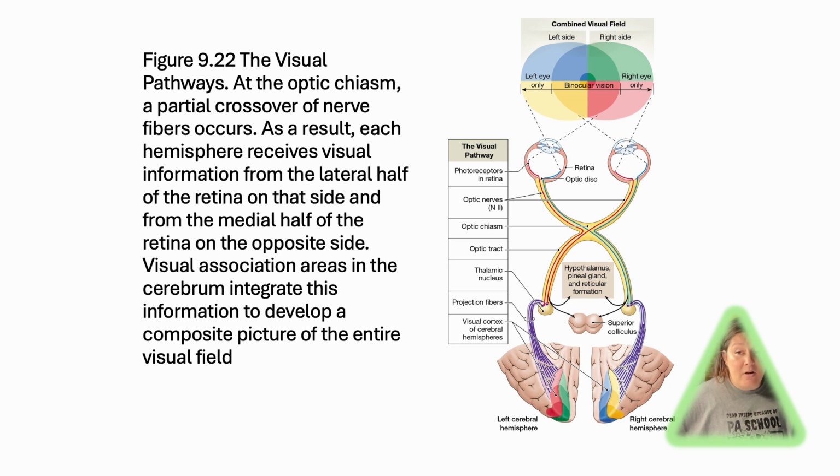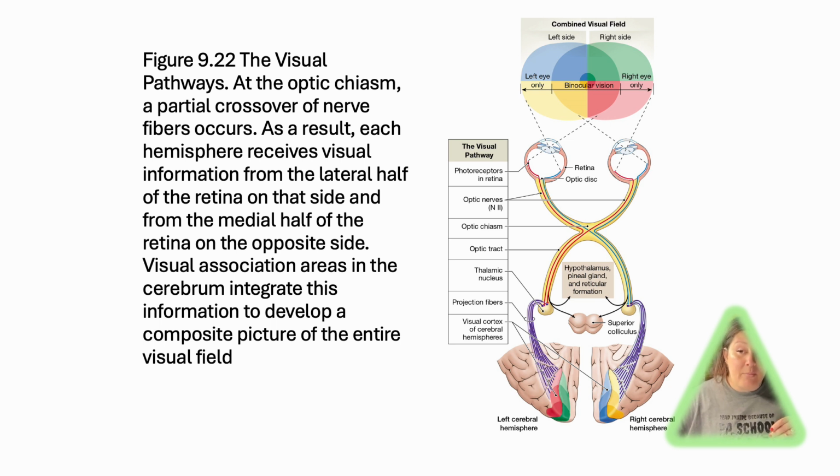So some of our information that we receive from, say, the left eye, some of it stays ipsilateral, being the same side, and some of it is going to cross that optic chiasm and cross to the opposite hemisphere altogether.